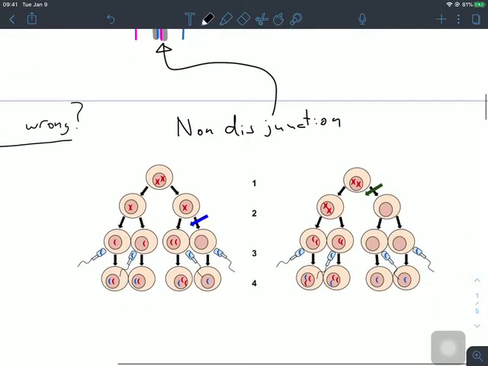There are two different cases of this. You can have a non-disjunction event that occurs in meiosis 1 or a non-disjunction event that occurs in meiosis 2. And you'll notice that the after effects are very different.